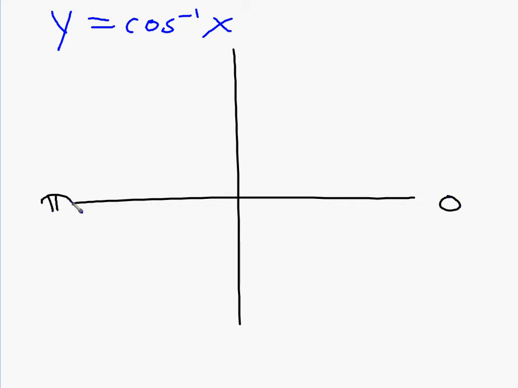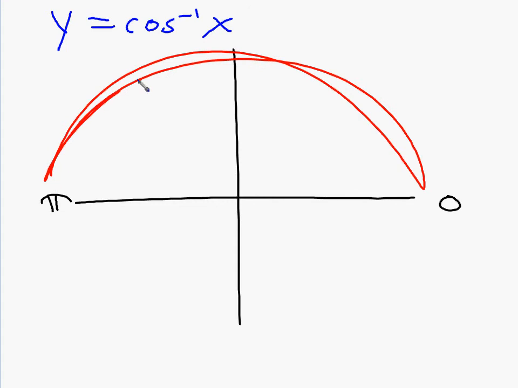So if it's restricted from 0 to pi, that means it is only defined in these two quadrants: the first quadrant, quadrant 1, and the second quadrant, quadrant 2. So let's make a note here.